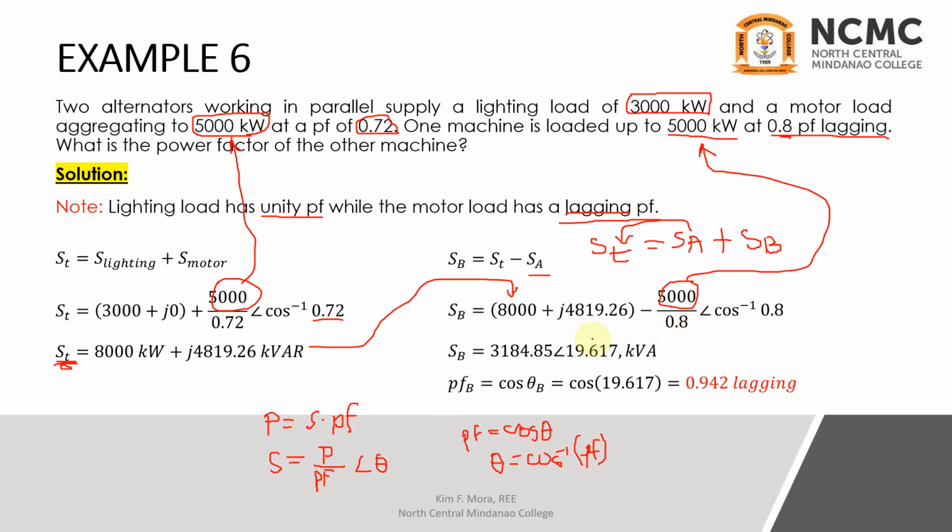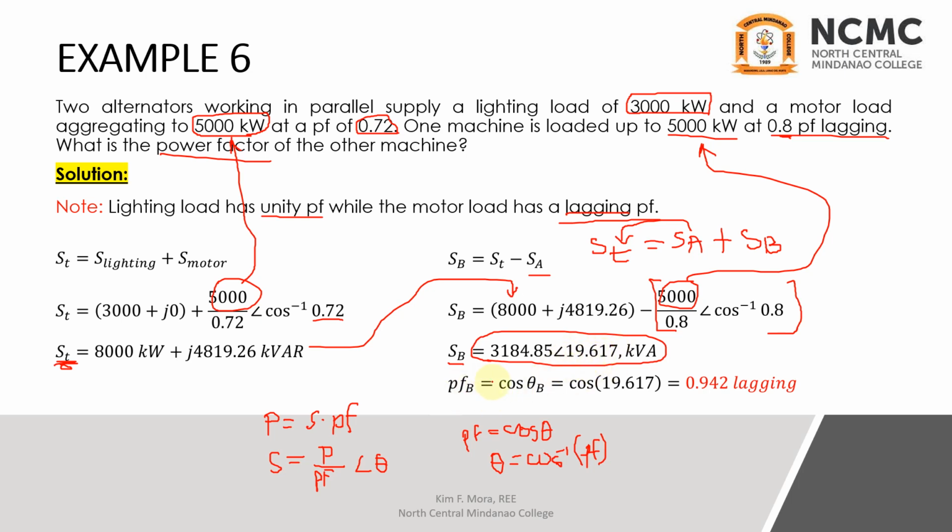With that, we can solve for the apparent power of machine 2 or machine B. So that gives us the answer. What we are looking for is the power factor. We get the power factor from the angle of the apparent power.